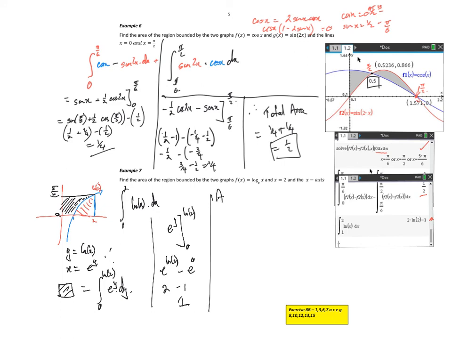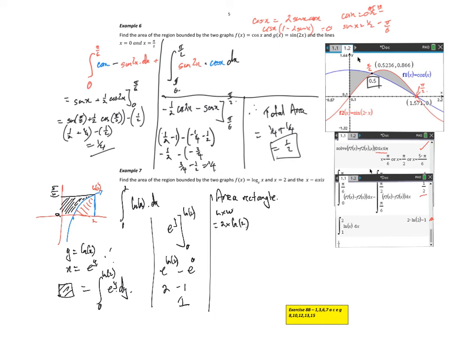So the area of that rectangle, it's bad writing, area of rectangle, length times width, which equals 2 times natural log of 2.